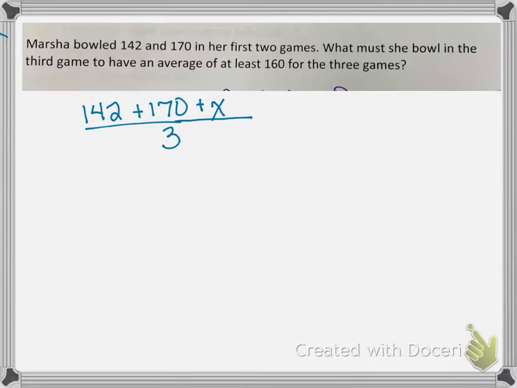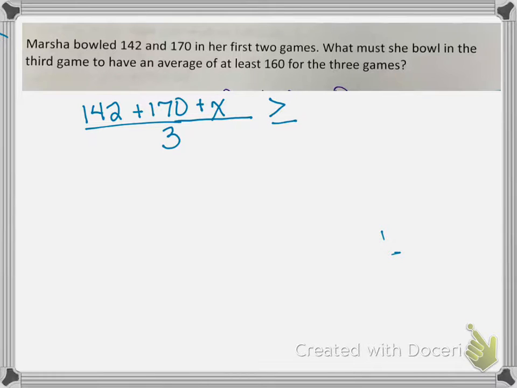Yes, it is. So that means we're definitely going to have an or equal to. Is 165 acceptable? Yes. Is that greater or less than 160? Greater. So we're going to use our greater than sign.